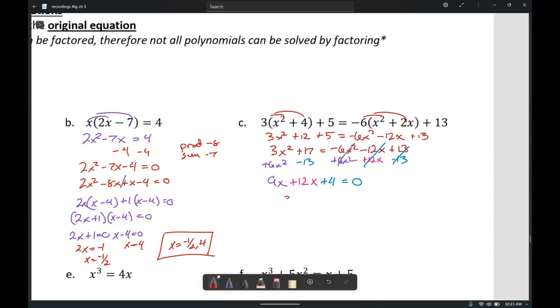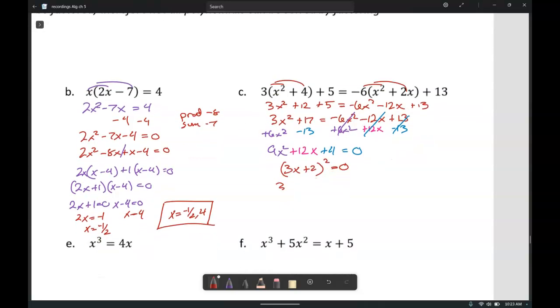Here we have a perfect square trinomial, which factors to give us 3x plus 2 squared, which again is just 3x plus 2 as a factor twice. And if we set them equal to 0, we're going to get the same result. So we only really need to solve one of them. So when we have a perfect square trinomial, unlike our other quadratics, we're only going to have one solution because we have the same factor twice.